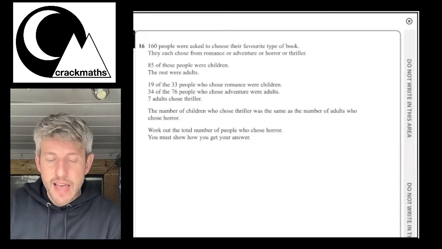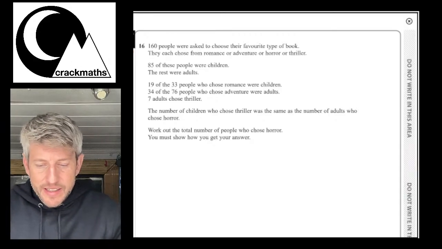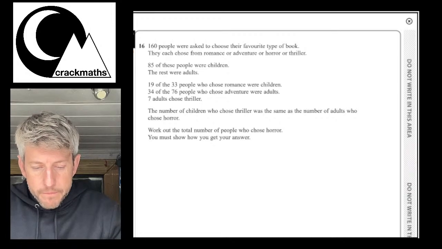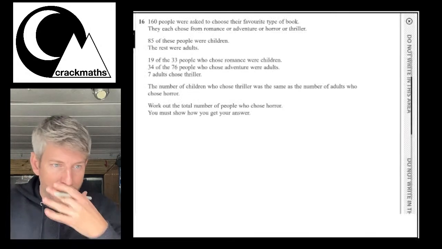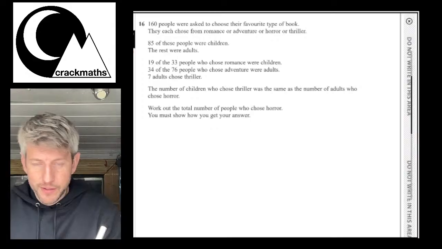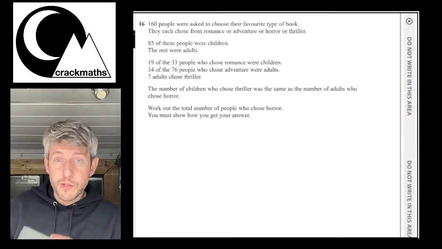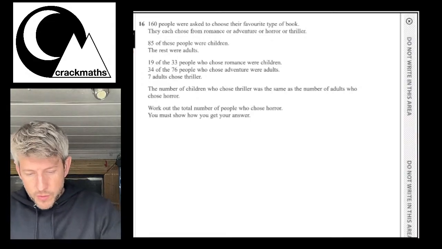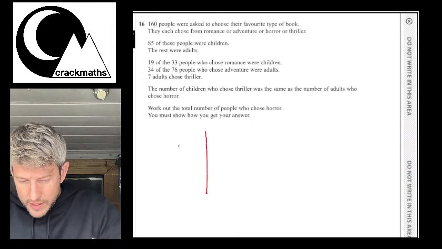Okay, they haven't given it to us, but this is basically a two-way table. Okay, so we've got two key identifying factors here. We've got adults and children, and then we've got what film they liked. So what I'm going to do is I'm just going to draw a table like this.